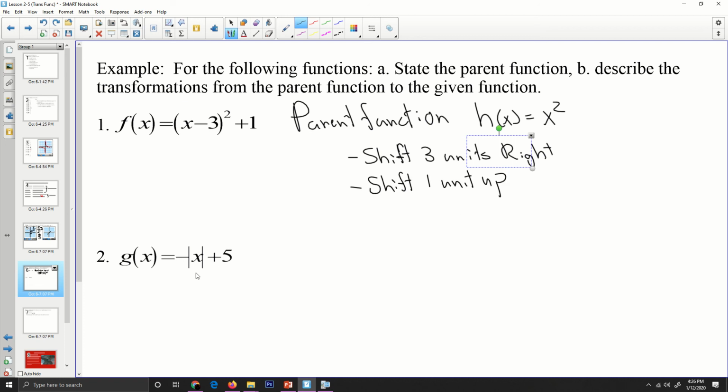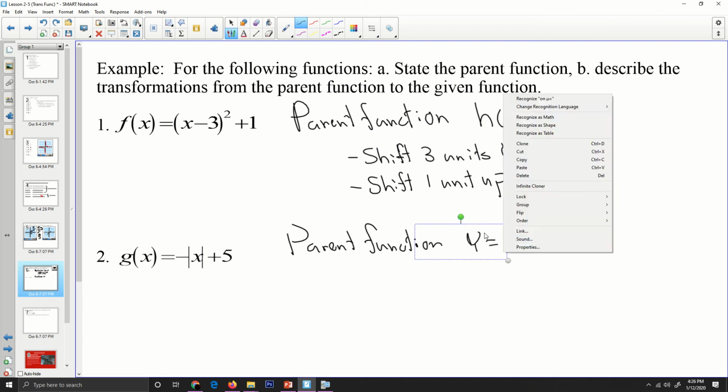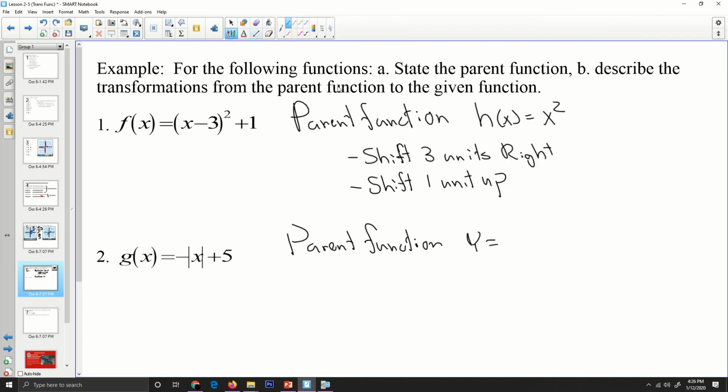All right. So here we have this absolute value. So our parent function, I think this time I'll call it y equal to absolute value x. And so if I plug a number in, there's nothing that goes onto the variable beforehand. Take the absolute value of it, and then I make it negative.